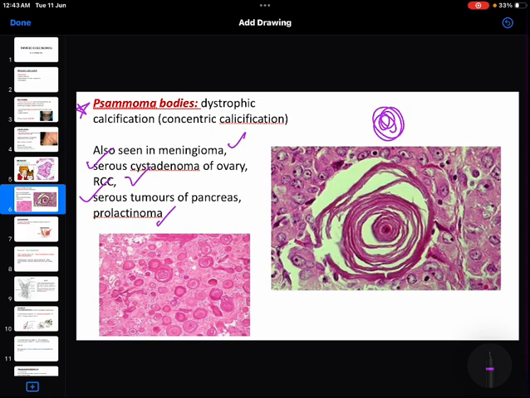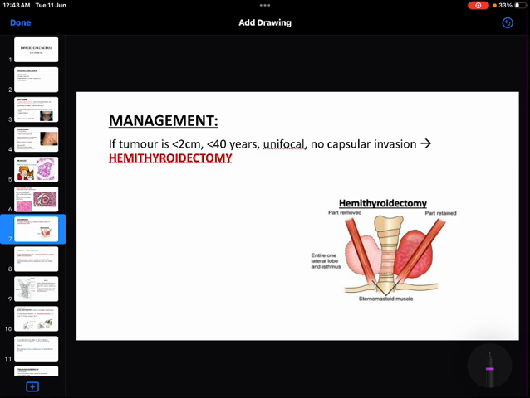In 6 places it is seen: one is papillary thyroid carcinoma, then serous tumors of the pancreas and also ovary, meningioma, prolactinoma and renal cell carcinoma.